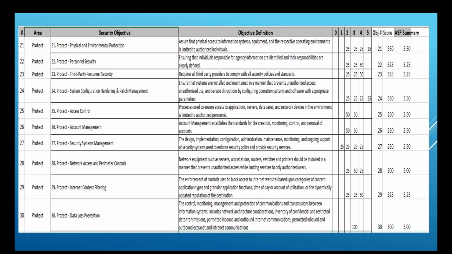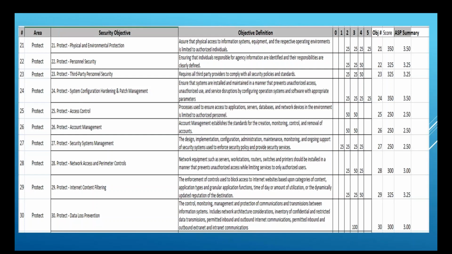In most cases, school districts have done background checks and have fingerprints on file of all the people that are working with your data and working with your students. So again, I think you're going to score pretty high in this category. In this example, I scored level 2, 25%, level 3, 25%, level 4, 50%.